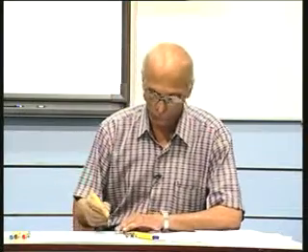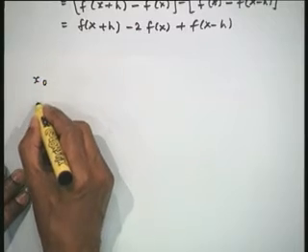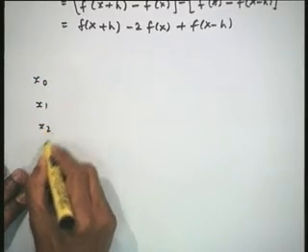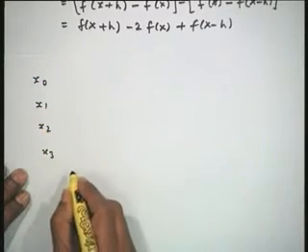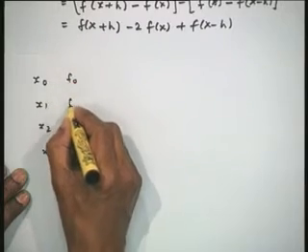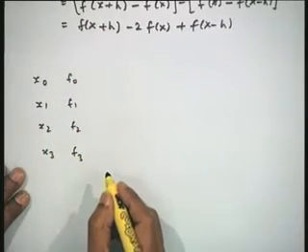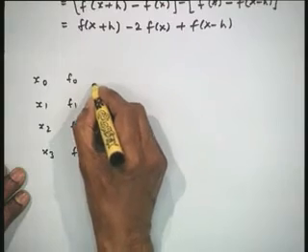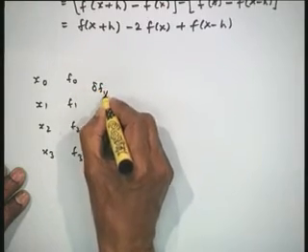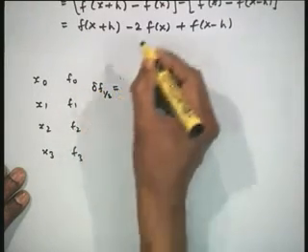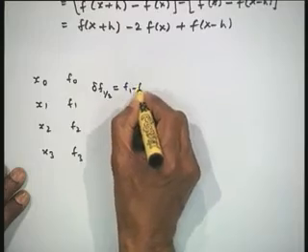Let us just write down a few points: x0, x1, x2, x3, f0, f1, f2, f3. What I would write here is delta f half, which by definition is f1 minus f0.